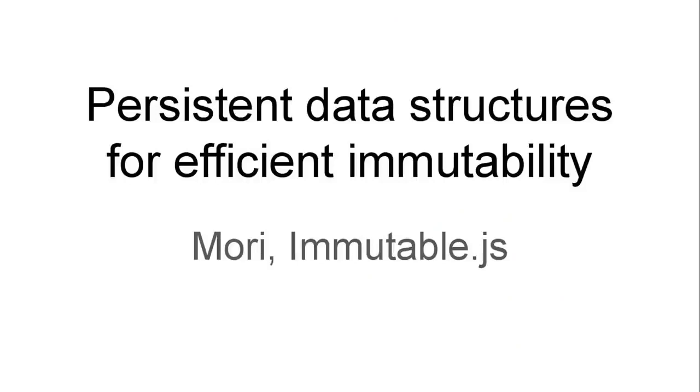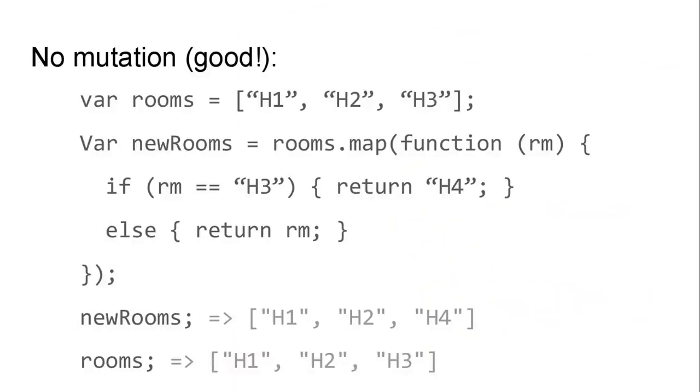The problem with immutability is that when you're treating arrays and things like that as immutable, what you end up doing is making new copies of everything. So if I want to change one room in this list, I have to make a whole new array. And when you're dealing with short little things like this, maybe that's not a big deal. But as your objects get bigger and more complex, this can give you efficiency problems.